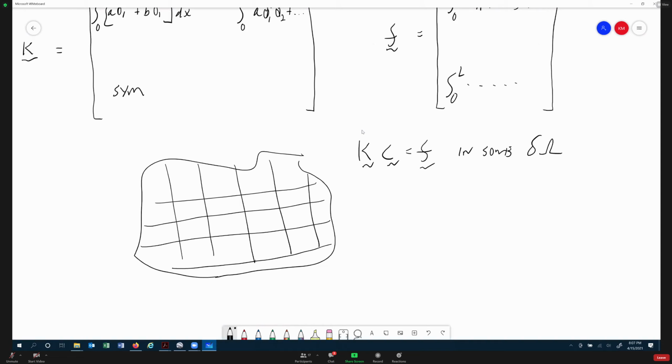But I haven't said where, right? So let's say that I'm doing that here. I'll kind of let you believe that we're doing this at a node. We're not doing this at a node long term, but let's say we're calculating the displacement here at this node.